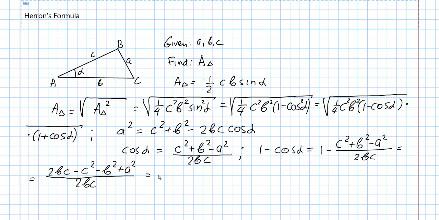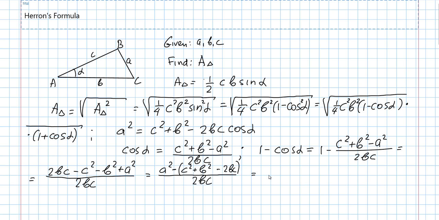Now, what can I do in the numerator? In the numerator, I can write a square minus, grouping the first 3 terms and factoring the minus outside. This gives me c square plus b square minus 2bc, and everything divided by 2bc.